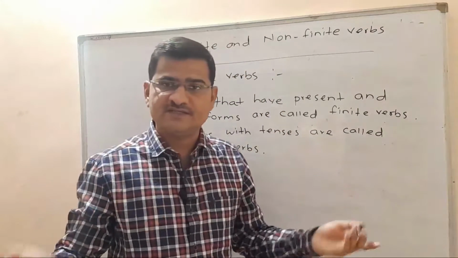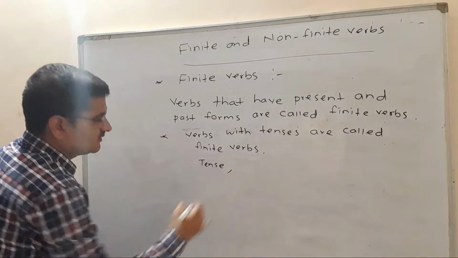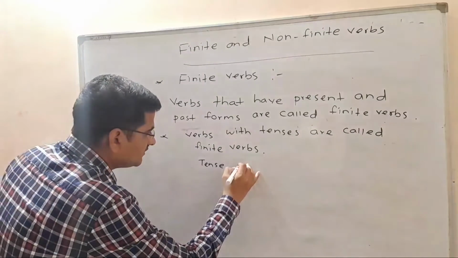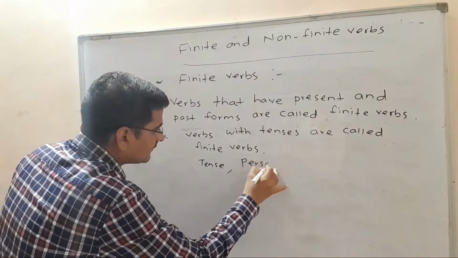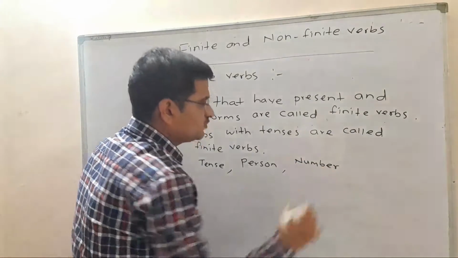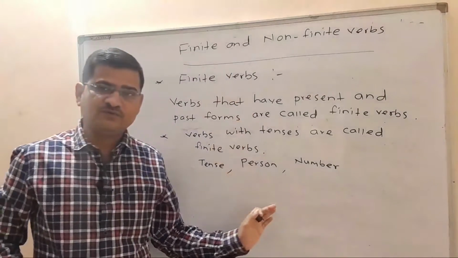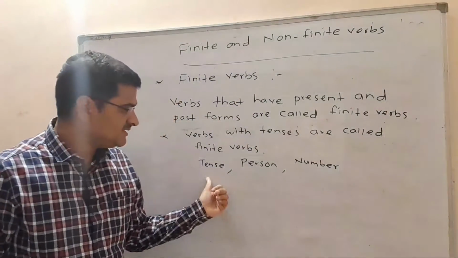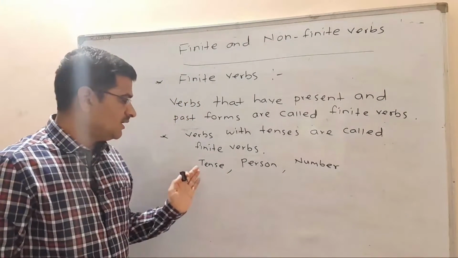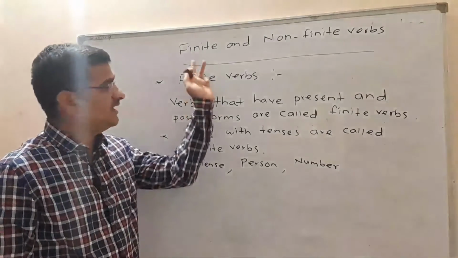Which are those three things? See here, tense. First thing is tense, another thing is person, next thing is number. So these three things affect a finite verb. Which are those three things? Tense, person, number. So first of all we will try to know how does tense affect the finite verb.